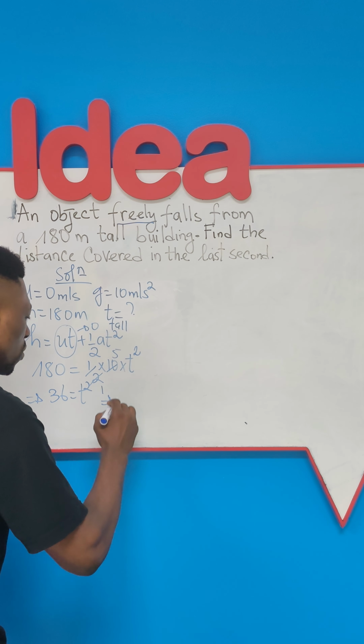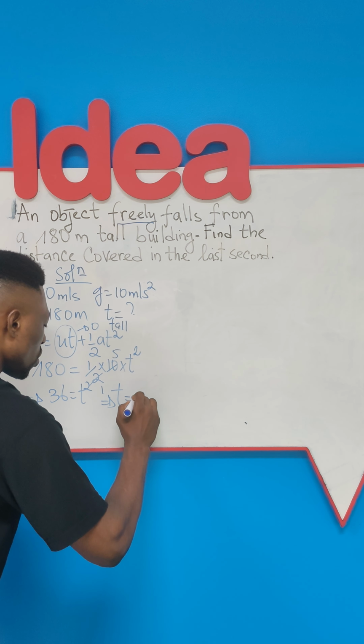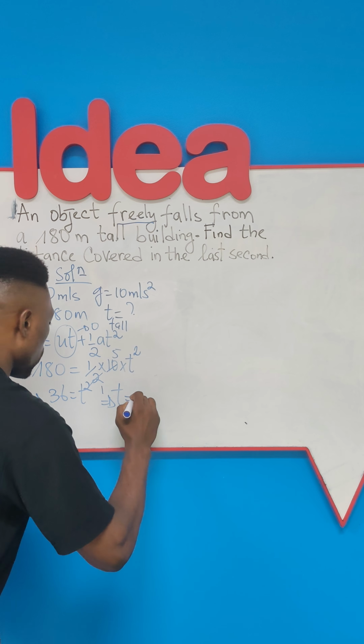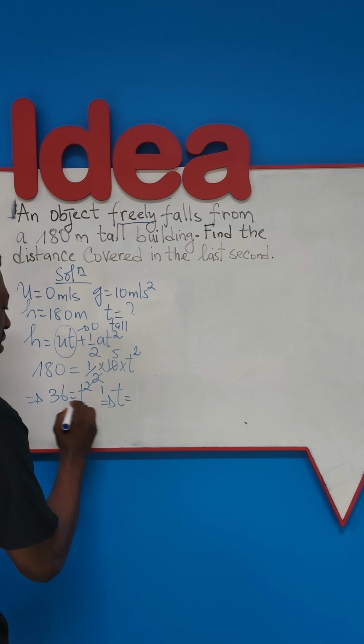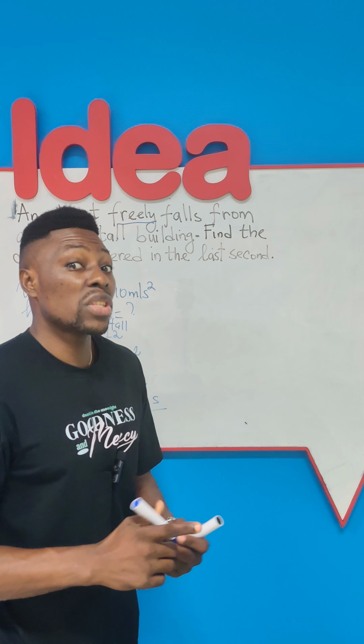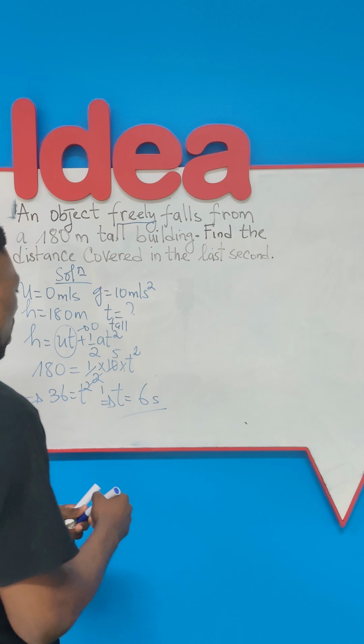From here, take the square root on both sides. This means t, the time, will be plus or minus the square root of 36, which is 6 seconds. It is plus or minus 6, but there is no negative time, okay? So we are going to take the positive value of time.